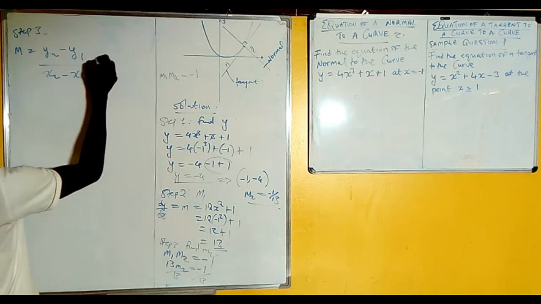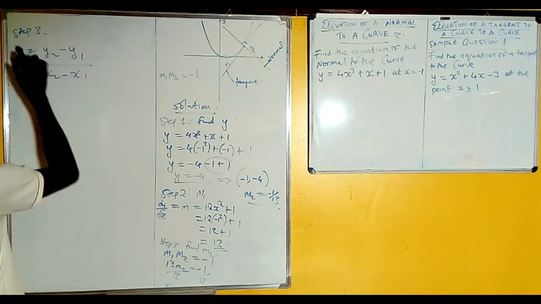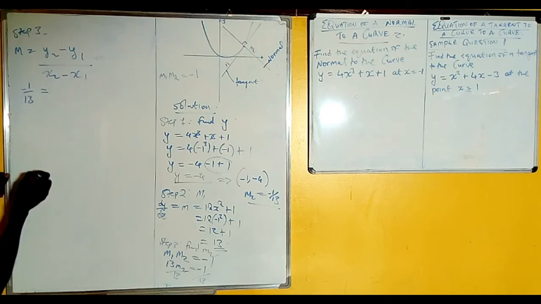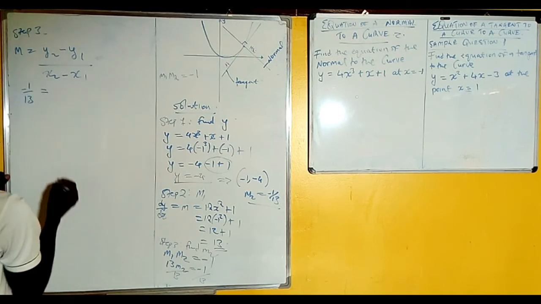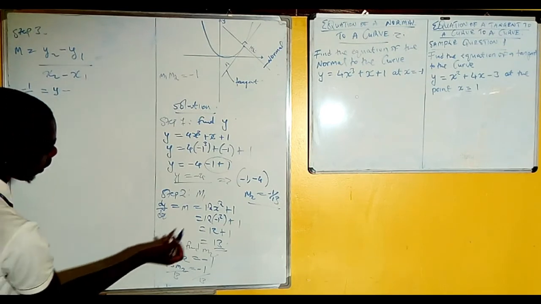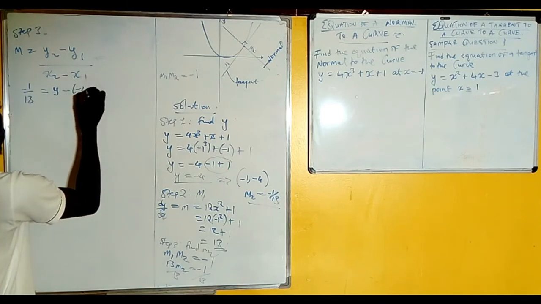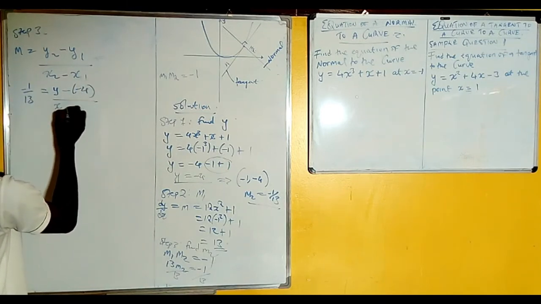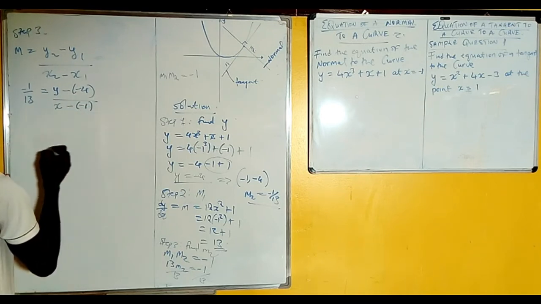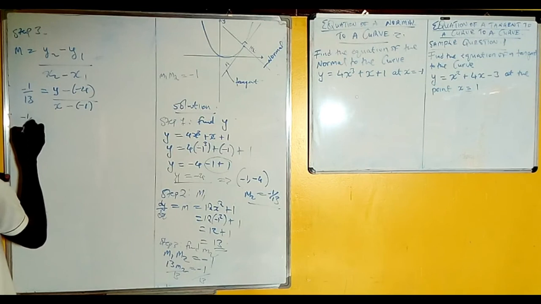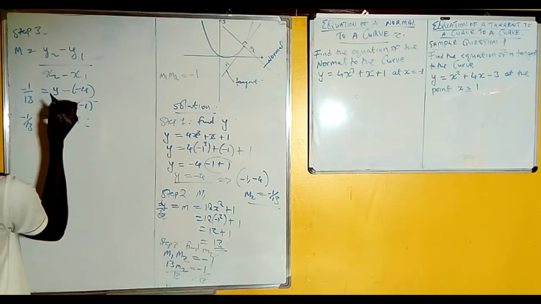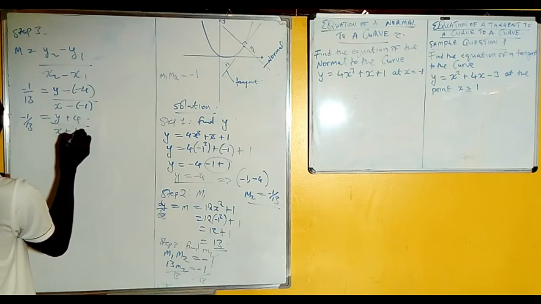So substituting into this, we have the gradient, which is negative 1 over 13, being equal to y2, which we don't have, so it will remain y, minus y1, which is negative 4, over x, we don't have, then we have the x1, which is negative 1. So this one will be negative 1 over 13 being equal to y plus 4 over x plus 1.